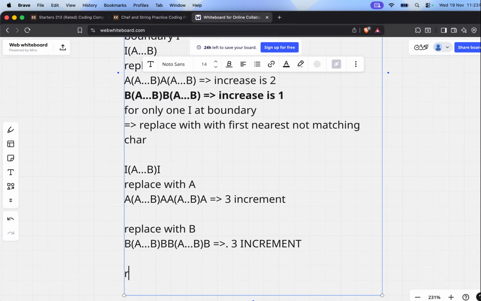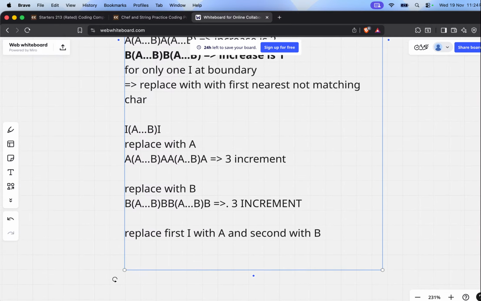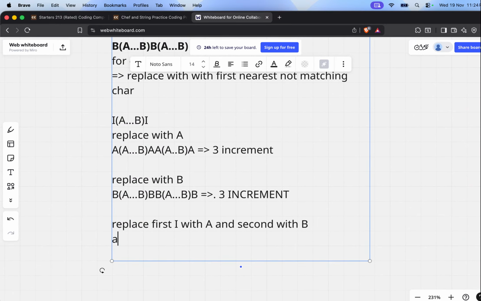Similarly, what if we replaced the first I with A and the second with B? Let's understand this scenario as well.